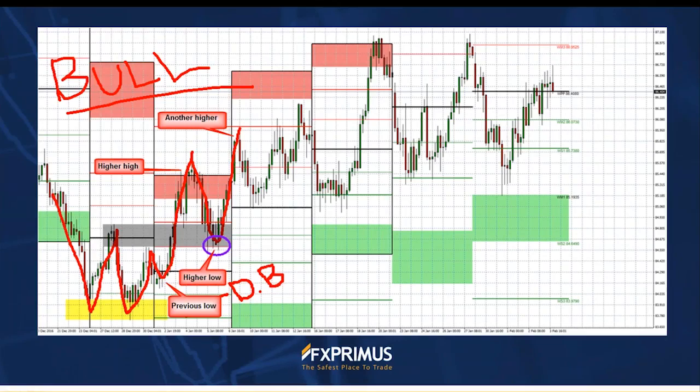So what do we do now? Well, the bulls have taken this market up, and we're bulls, so we're looking to do what? Same as we did before, buy at support. There you go, there's your higher high there. So we're looking to buy at support.